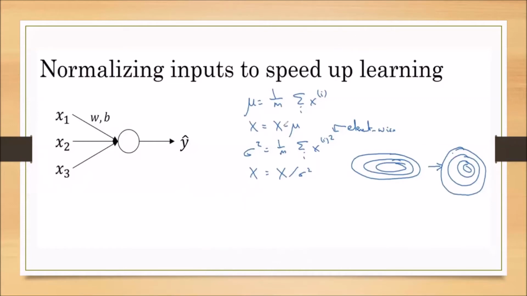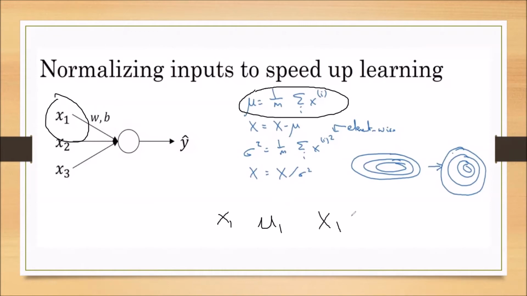As we already know, when we normalize the input features, first we take the mu for that particular feature. If I am taking feature number 1, x1, I take all the training samples and calculate the mu. If this is the first feature's mean, we call it mu1. So x1 is equal to x1 minus mu1, and we divide it by the standard deviation.